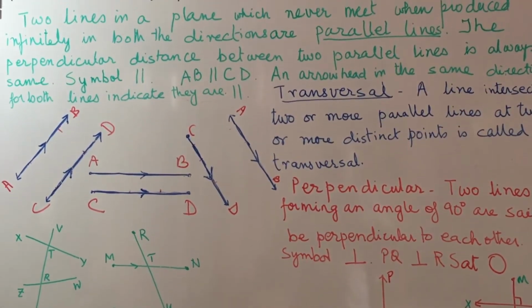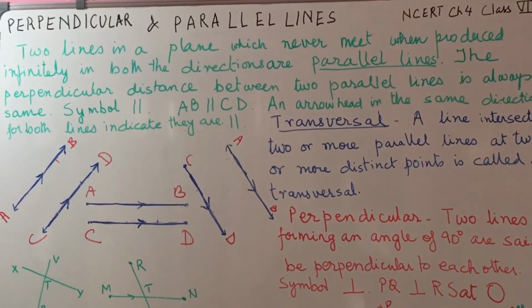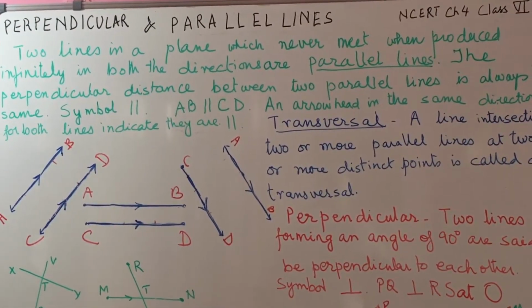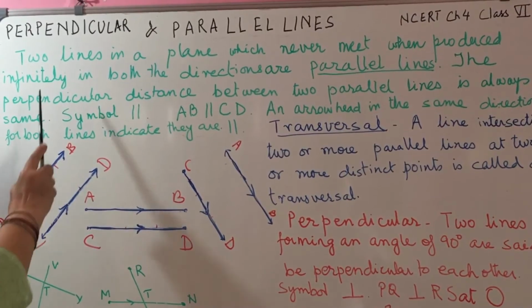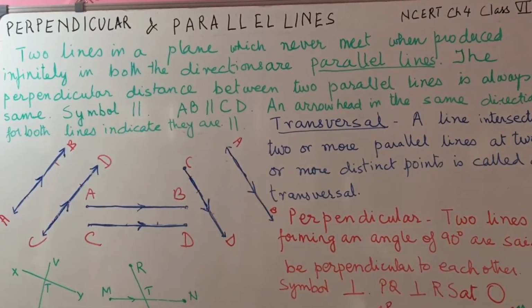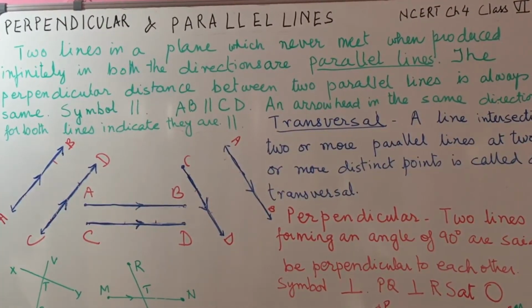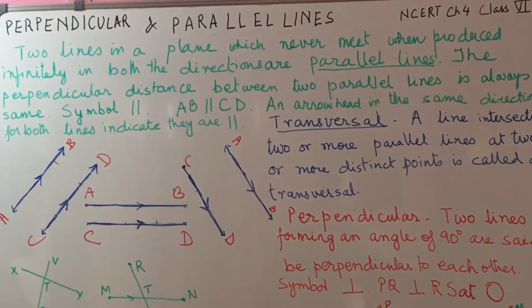Next we come to parallel lines. Two lines in a plane which never meet when produced infinitely in both the directions are said to be parallel to each other.